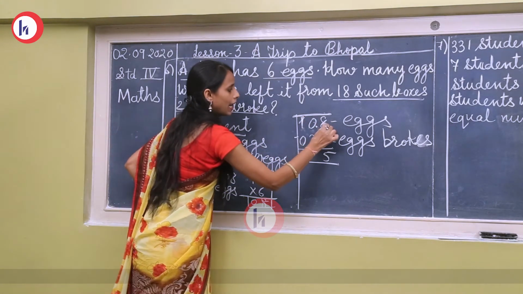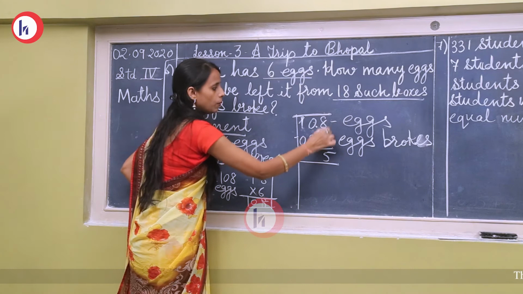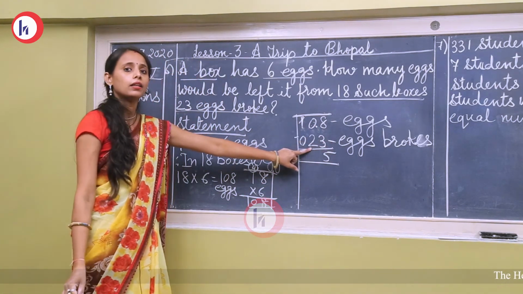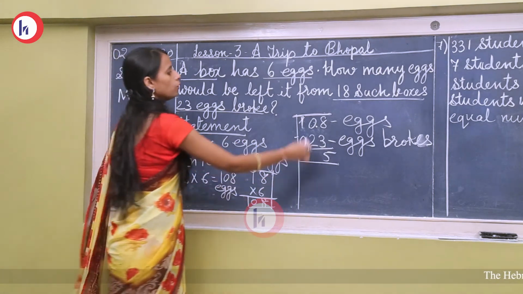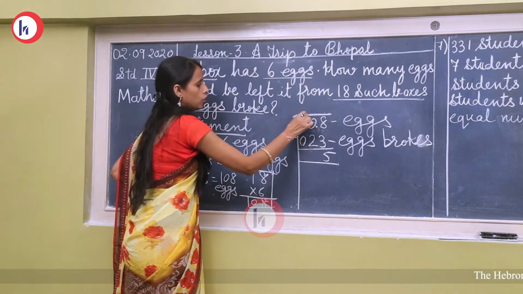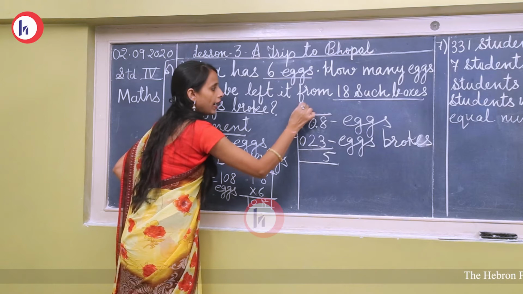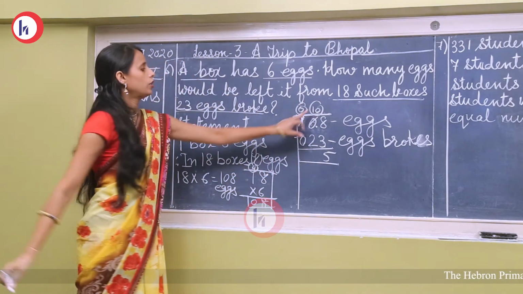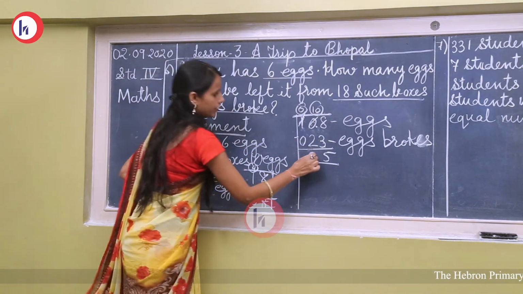Okay, so we'll start from the ones place. 8 minus 3 is equal to 5. Okay, next 0 minus 2, we can't do subtraction here, so we have to take borrow from 1. So it will be cut, and here we have to write 0, and here will be 10. Okay. So 10 minus 2 is equal to 8.